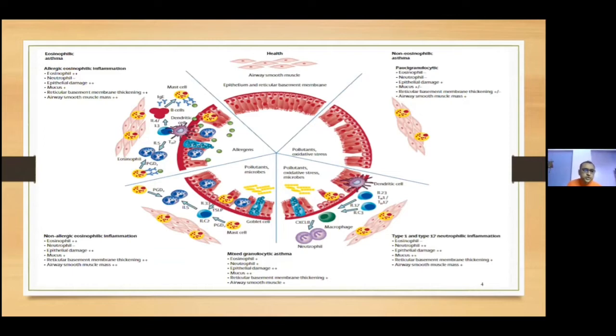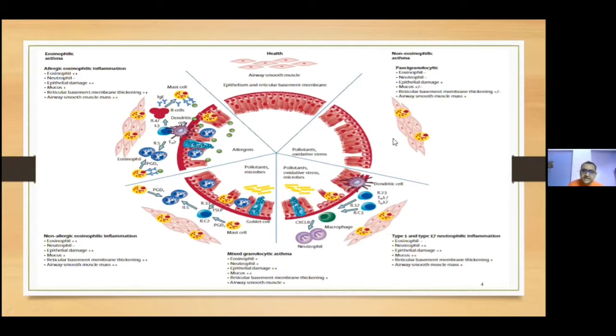So here also we can find a lot of eosinophils, but it is not due to the typical Th2-mediated reaction. There is a role of interleukin 5 here too, but it is not Th2-mediated.